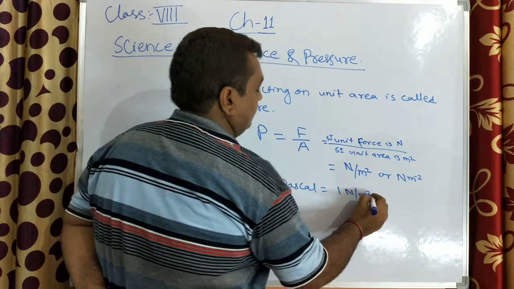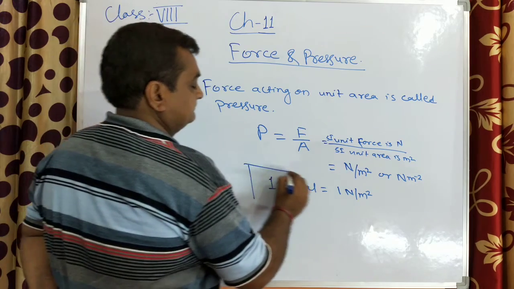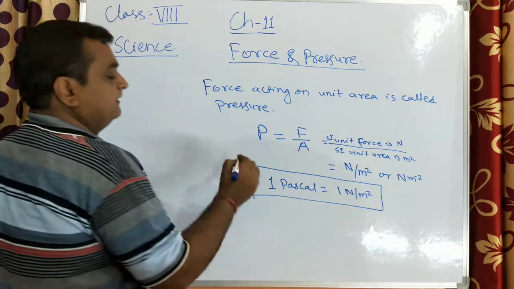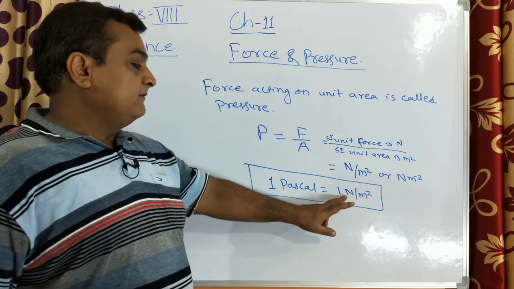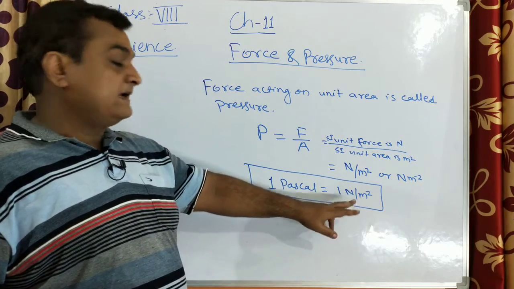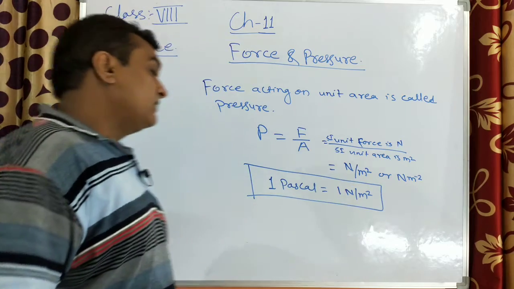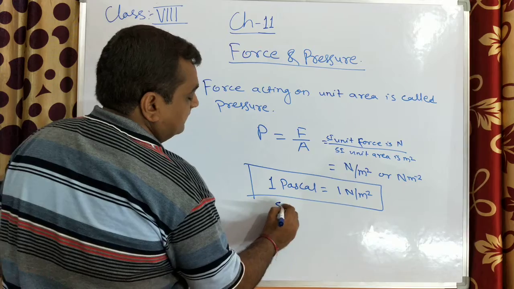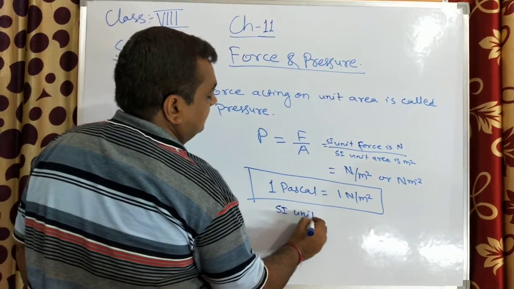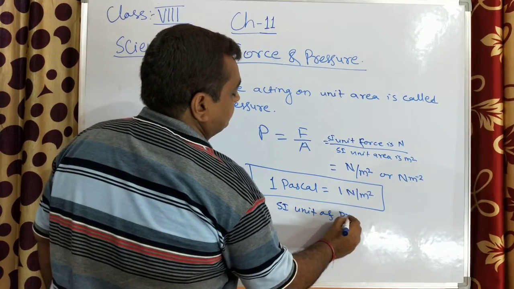Okay, so SI unit of pressure is Pascal or Newton per meter square.